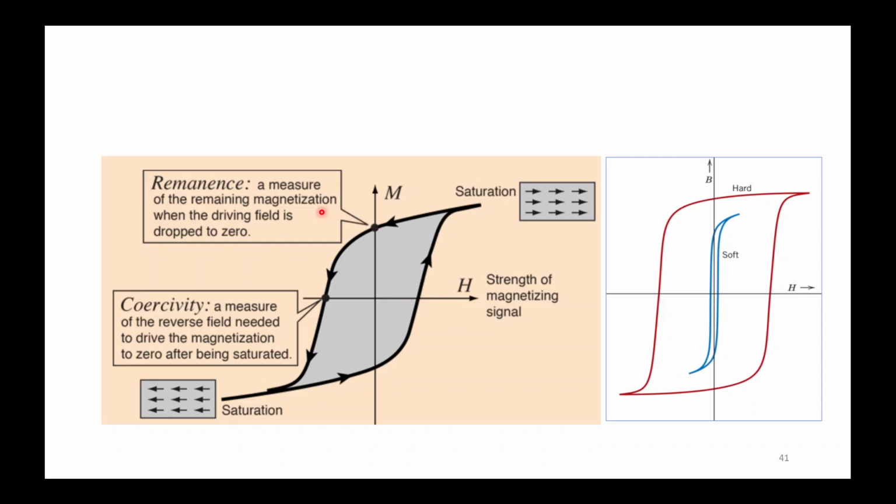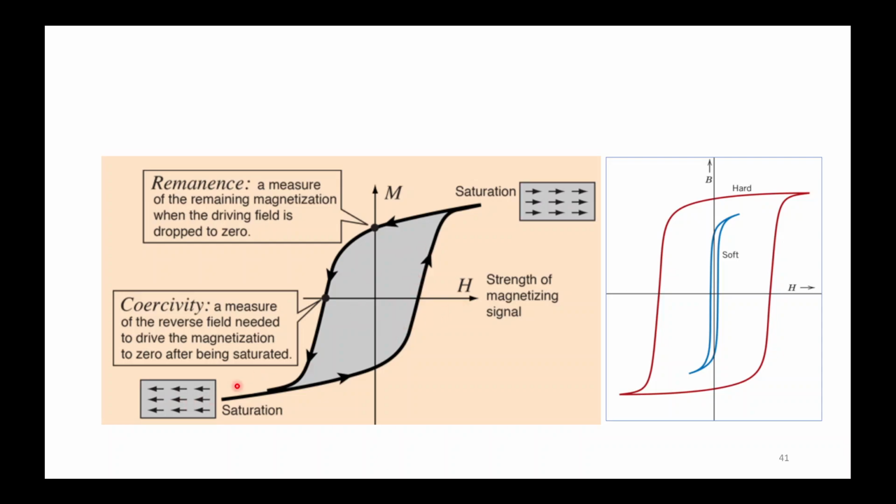It is a measure of the remaining magnetization when a driving field is dropped to zero. This is your coercivity, which is a measure of the reverse field needed to drive the magnetization to zero after being saturated. After saturation, all the domains will be aligning themselves in the direction of the applied field.